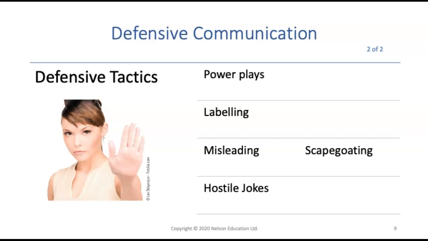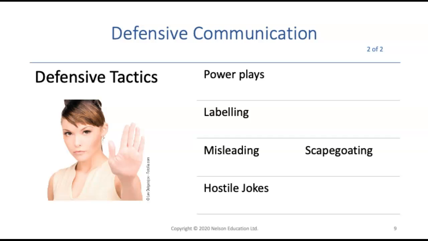And here are some classic defensive tactics. So power plays are tactics used to manipulate other people. Labeling is done to try to diminish what other people are saying, listen, you're kind of paranoid or insane, or maybe you have a disability, so they're labeling it.